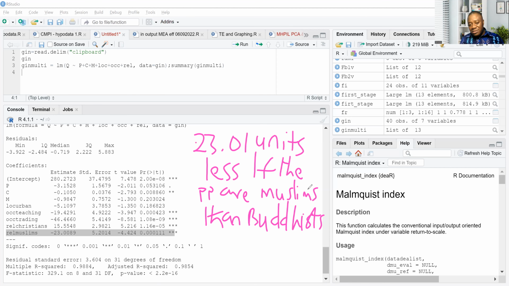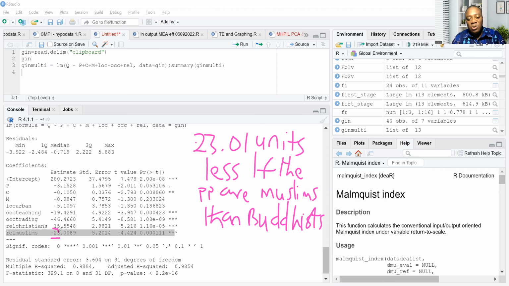Why less? Why not more? It is less because religion has a negative 23 coefficient. The coefficient is negative. So you can't say more. If we were interpreting Christians, we would have said more because the sign is positive.